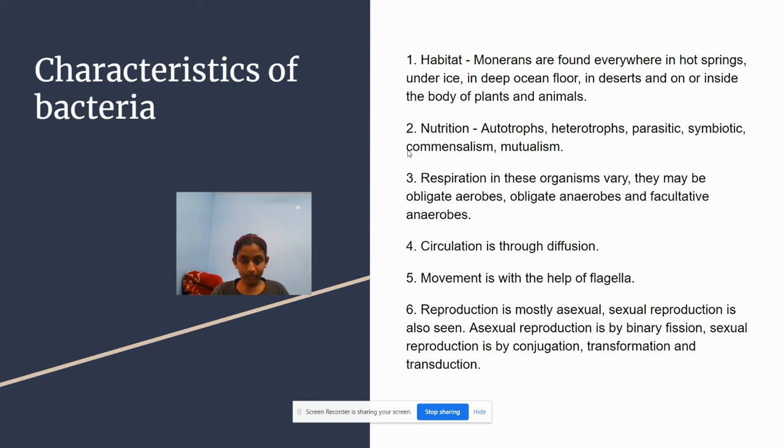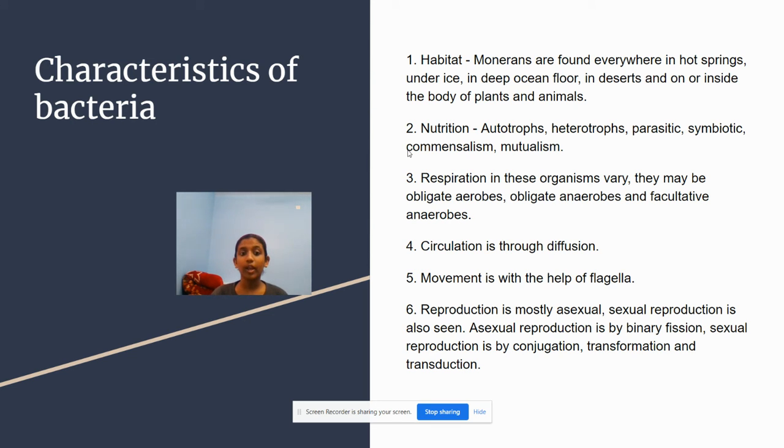Okay. Let's go to the third point, which is respiration. In this, organisms vary. They may be obligate aerobes and facultative anaerobes. What are these? If we talk about respiration in these organisms, it can vary between different bacteria. Obligate aerobes are strict aerobes.